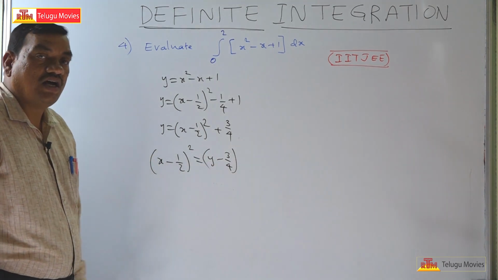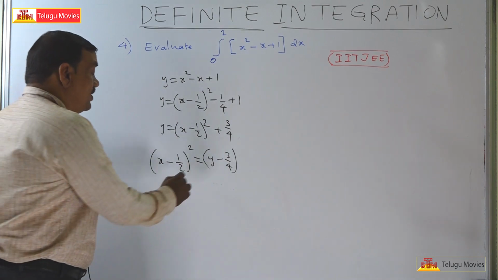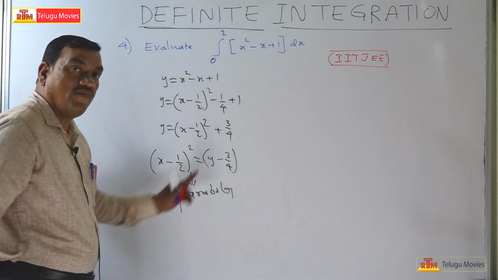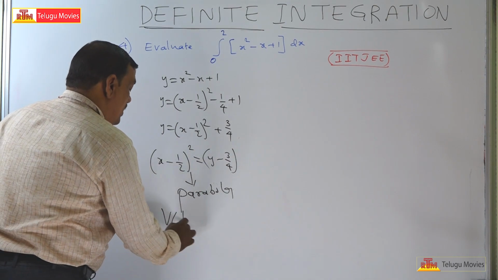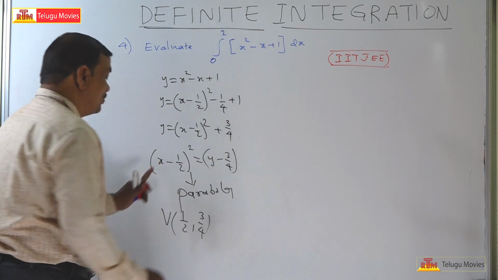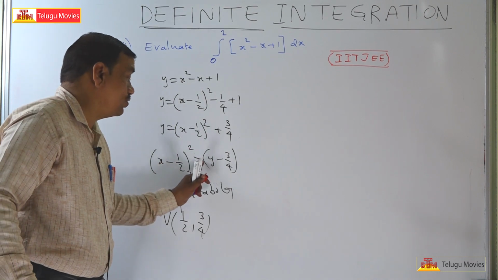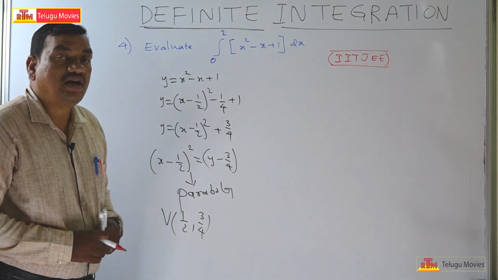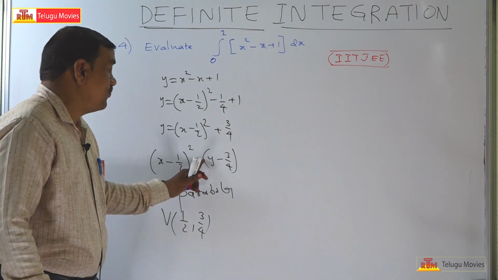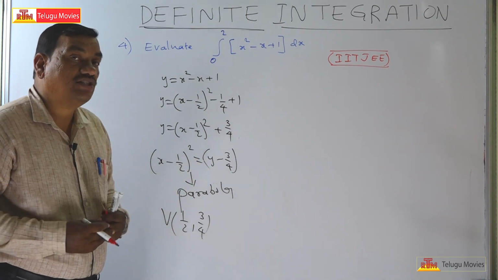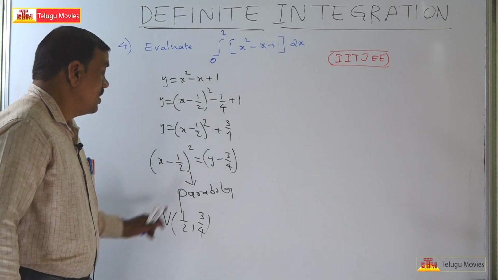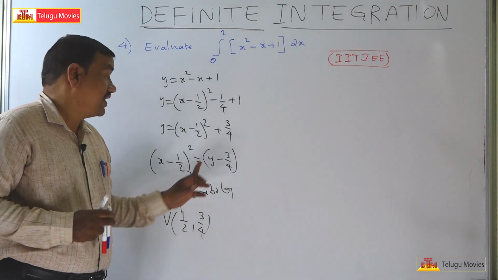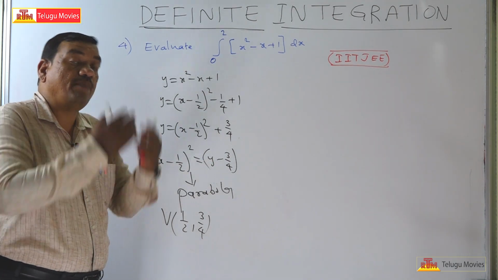This is the equation of the parabola with vertex 1 by 2 comma 3 by 4. So, x minus h whole squared is equal to 4a into y minus 3 by 4. Here 4a is equal to 1, therefore a is equal to 1 by 4. In the parabola equation with the vertex, the y coefficient is positive, so this is an upward parabola.